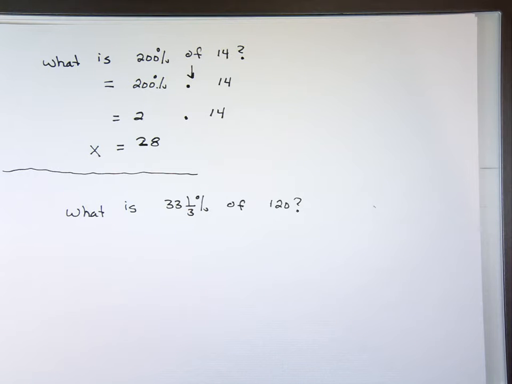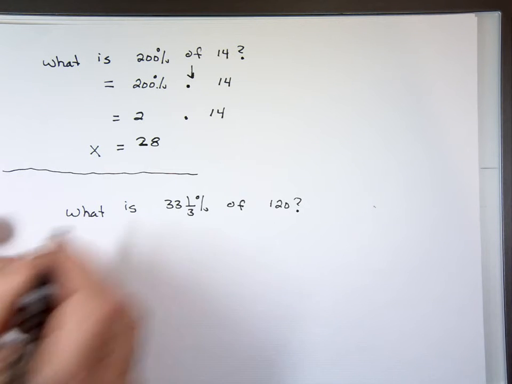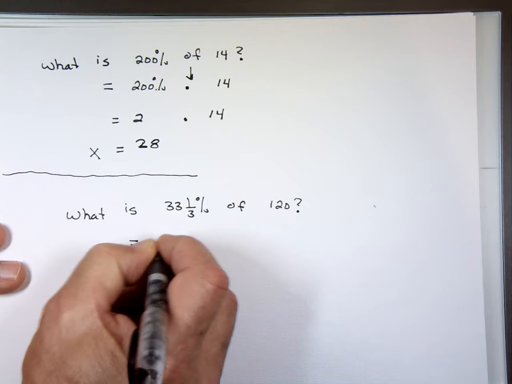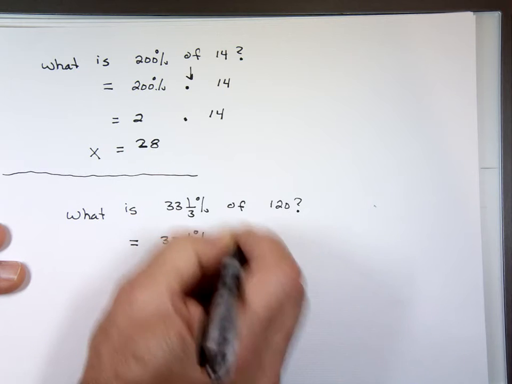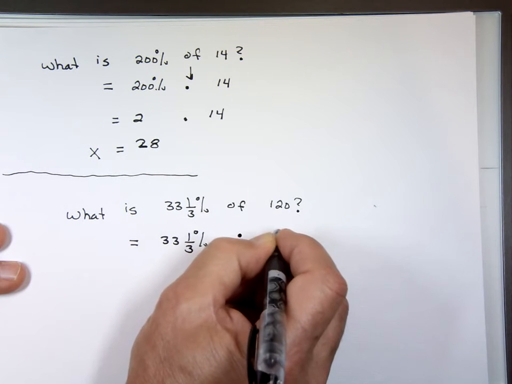So what is 33 1/3% of that? So we're going to figure out what that number is. Is equal, 33 1/3% times 120.